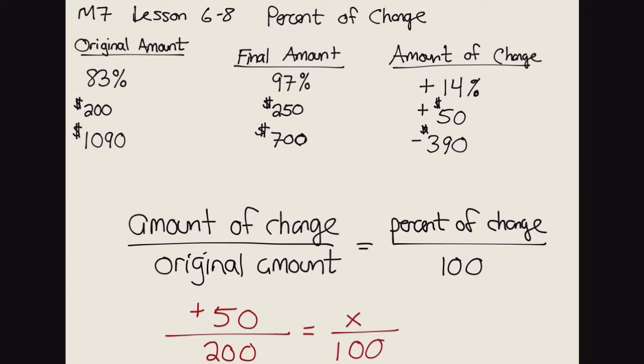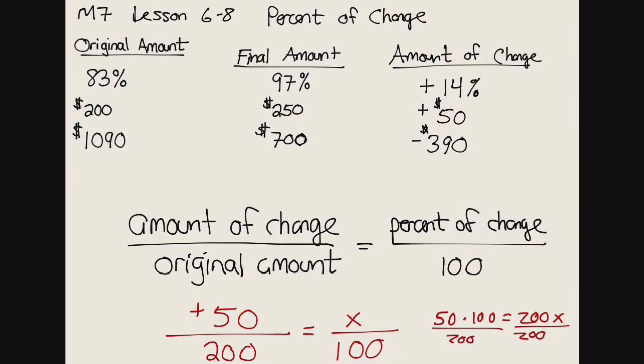If I had a positive $50 increase from $200, what percent change is that, Parker? All right, I want to finish this math problem, and then we'll do questions. Yeah, divide both sides by 200, and it equals 25.